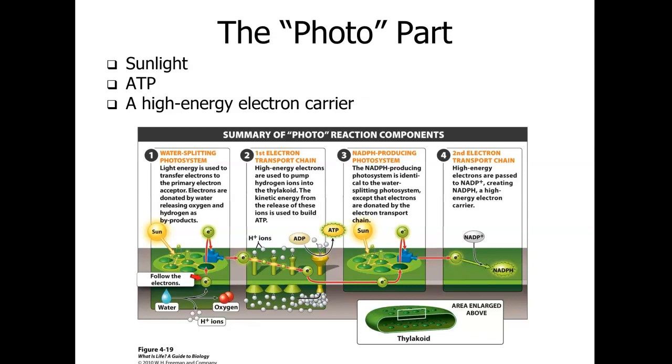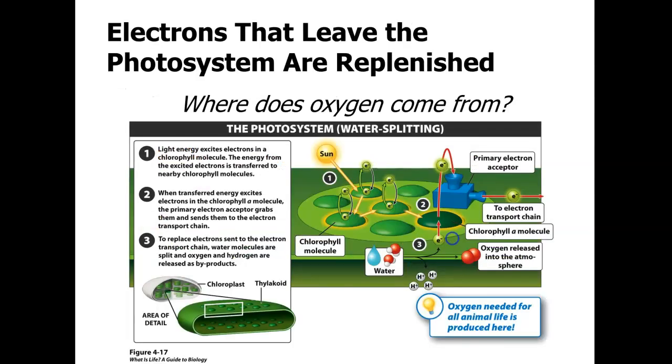The second electron transport chain is going to have high energy electrons that are going to be passed to the NADP+, and it creates NADPH. That's going to be a high energy electron carrier. So electrons that leave the photosystem are going to be replenished.